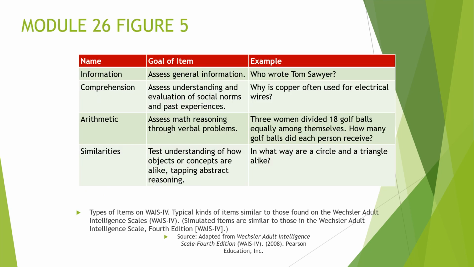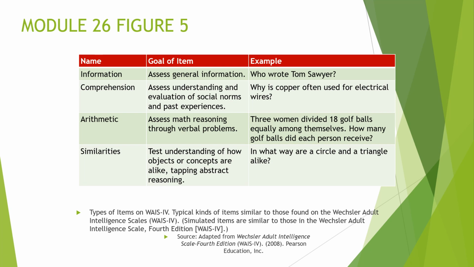Now, this is figure 5, and figure 5 is a little bit different in your book than what it shows on here. Figure 5 is a table in your textbook on page 281, so it's a little bit different than what we have here.